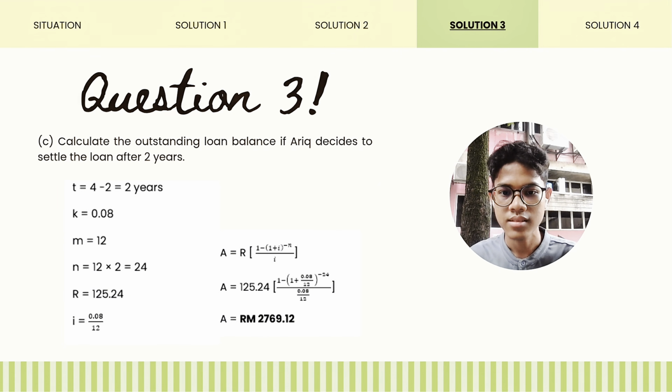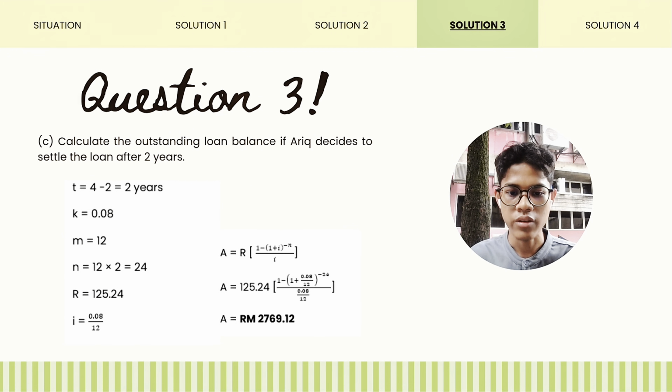After paying for 2 years, Arif decided to know the remaining balance of the loan. In this situation, we are going to calculate the remaining balance if Arif decides to settle the loan with one payment after 2 years. The t value is equal to 2 because there are 2 years remaining. The k value is the same.